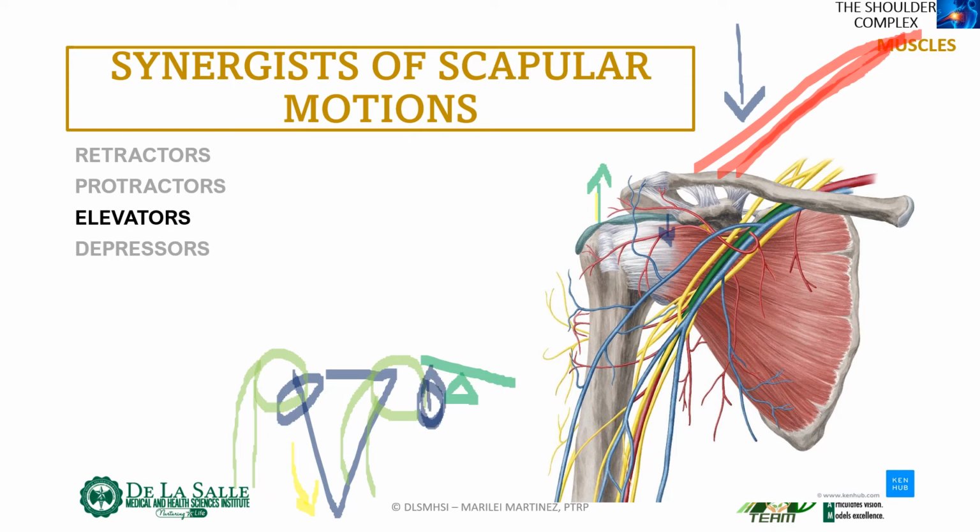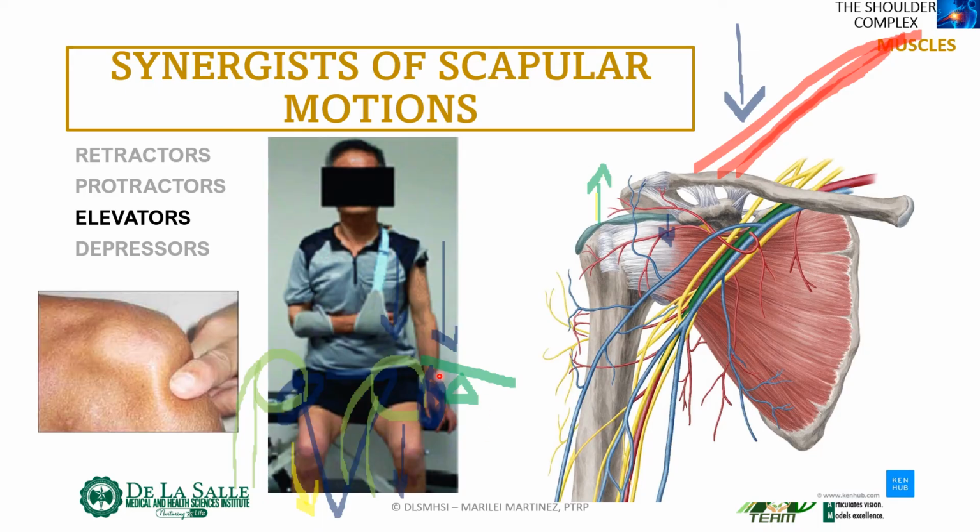And this may now cause, remember, you have a downward force coming from gravity. So this may now cause inferior dislocation of the humeral head in the glenohumeral joint. I hope you can imagine it using my drawing. So this can be seen, for example, on patients with hemiplegia, flaccid hemiplegia, for example, due to stroke.